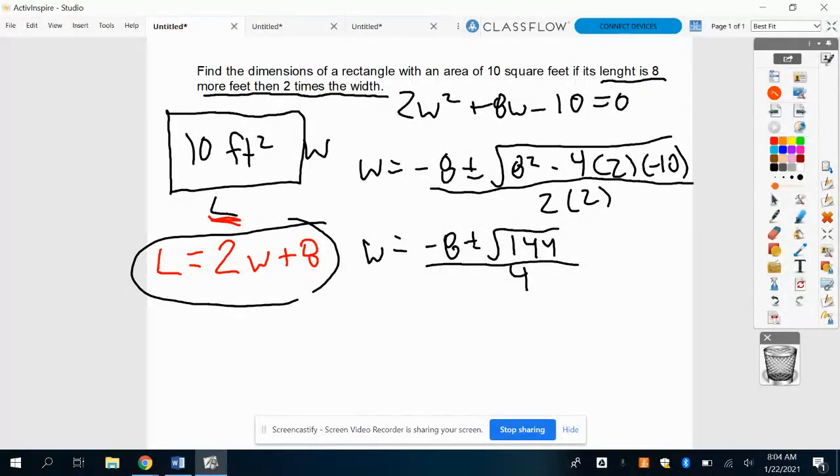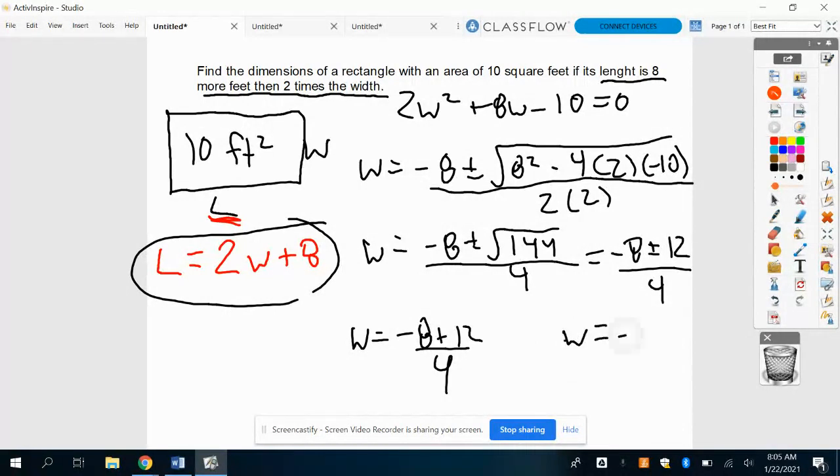What's nice is we know the square root of 144 is 12. So we've got negative 8 plus or minus 12 over 4. Our two possible solutions for the width are negative 8 plus 12 over 4 and negative 8 minus 12 over 4.